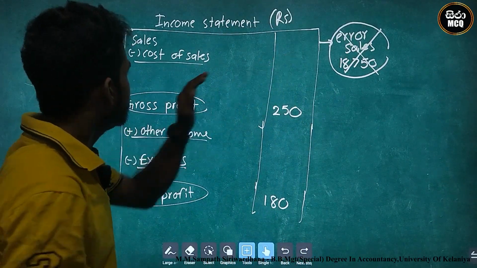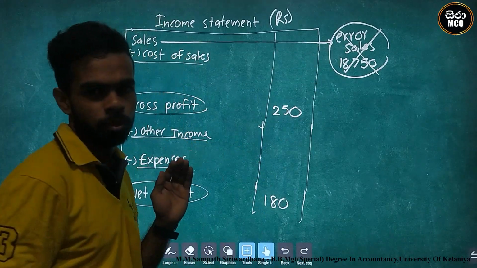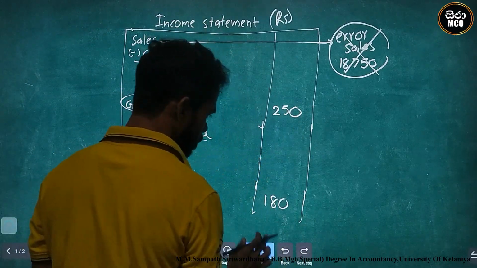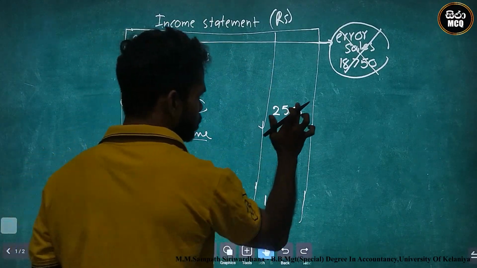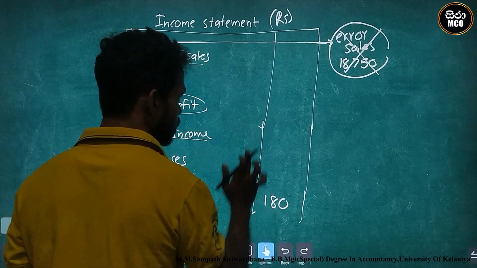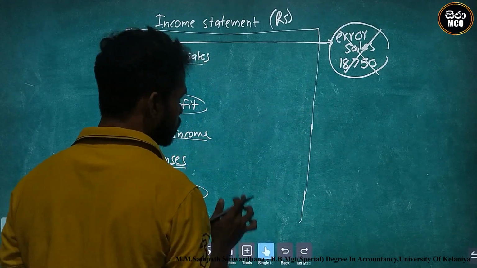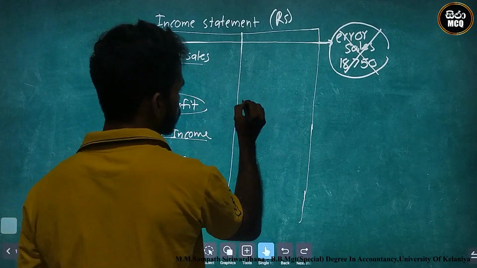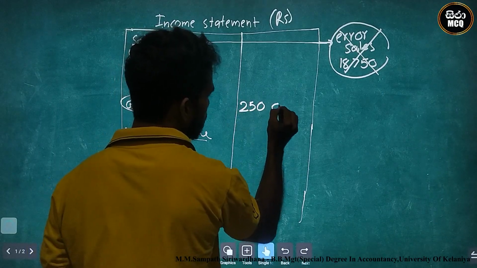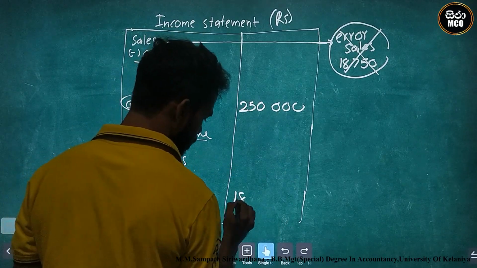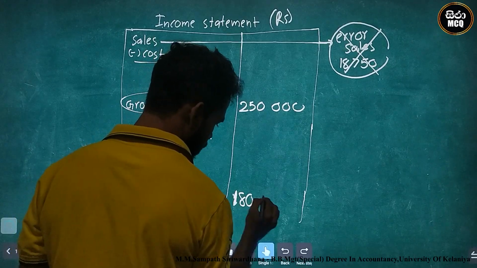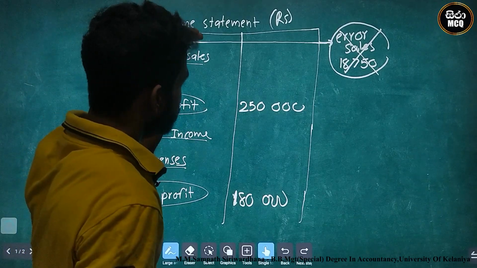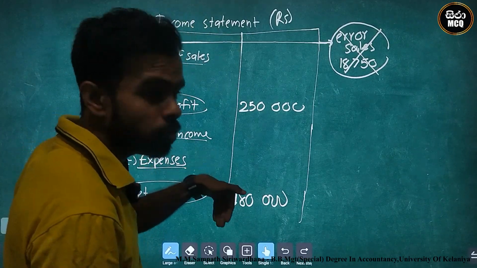18,750 was already identified as sales. This is in normal rupees. We must identify this with normal values. Gross profit 250,000 and net profit 180,000 are the error values. This is the sales value impact on gross profit and net profit.